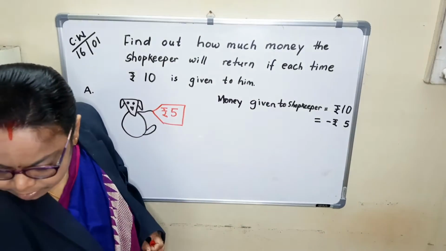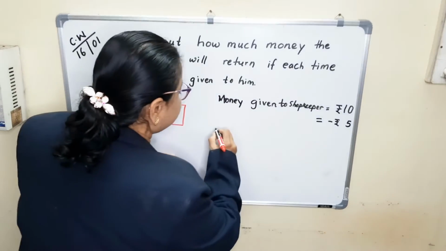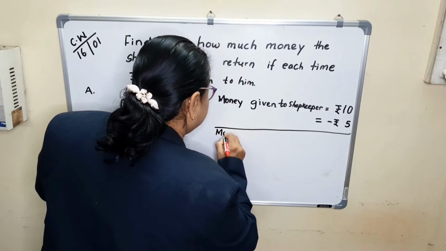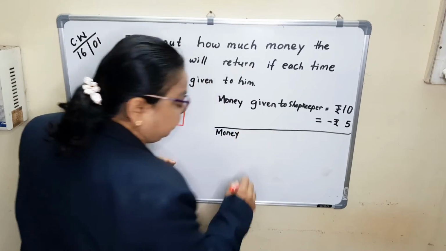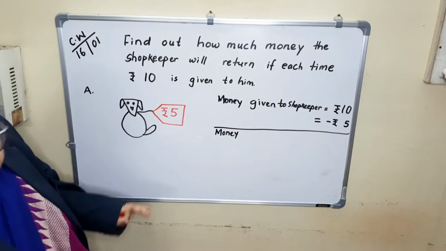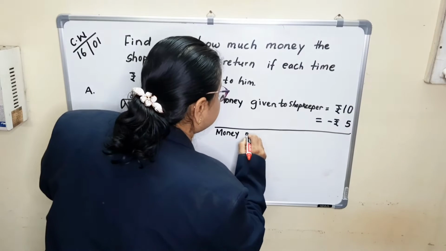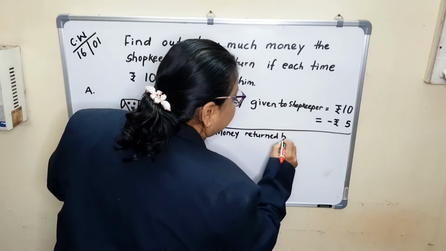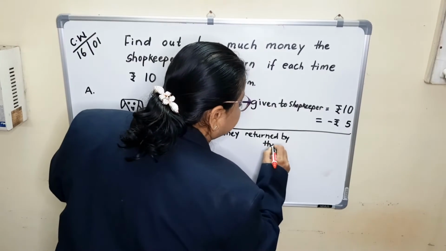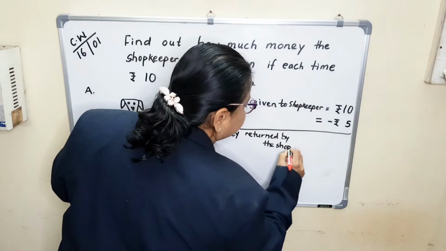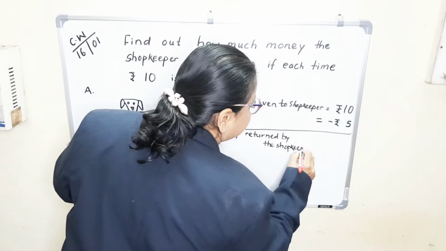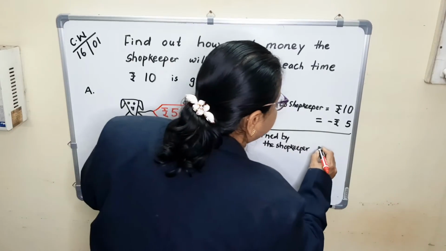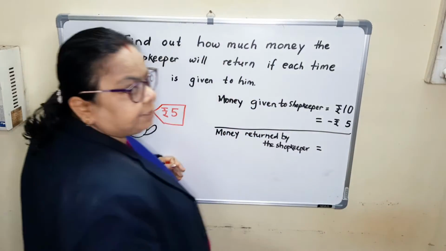Then, children, money returned by the shopkeeper is equal to 10 minus 5.